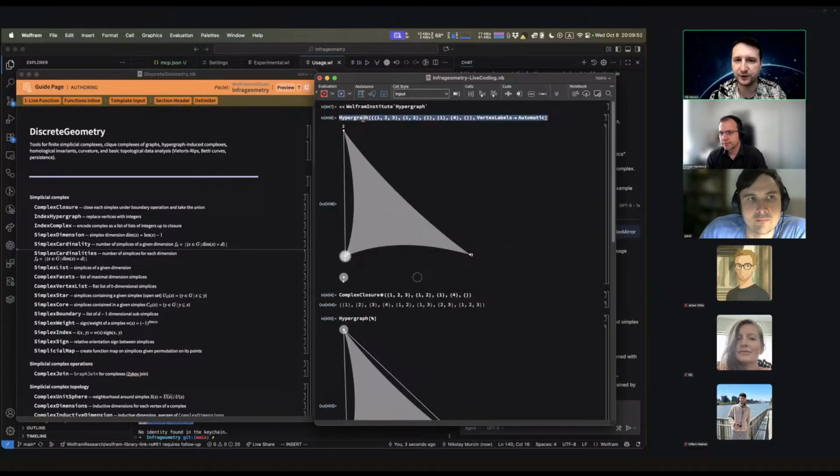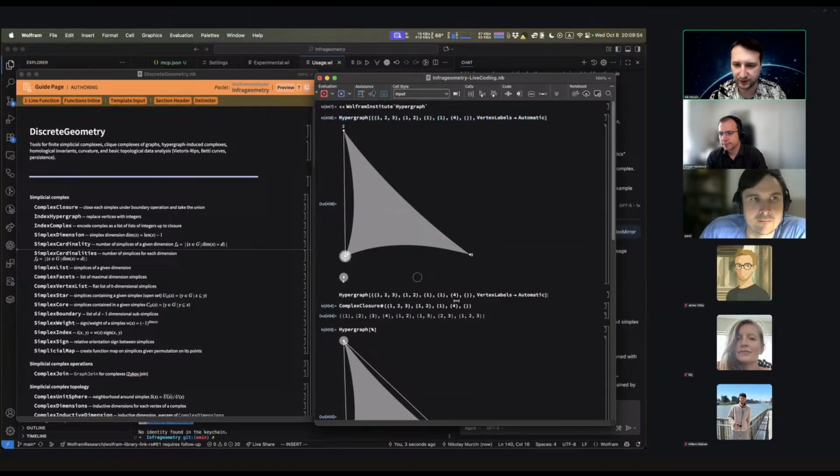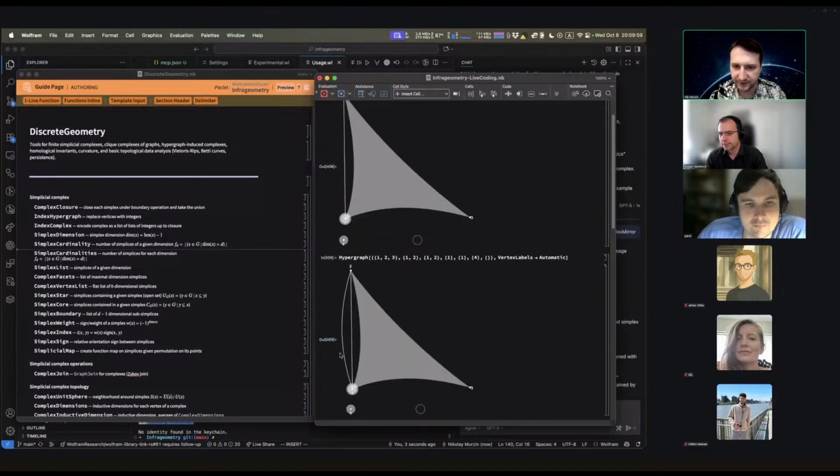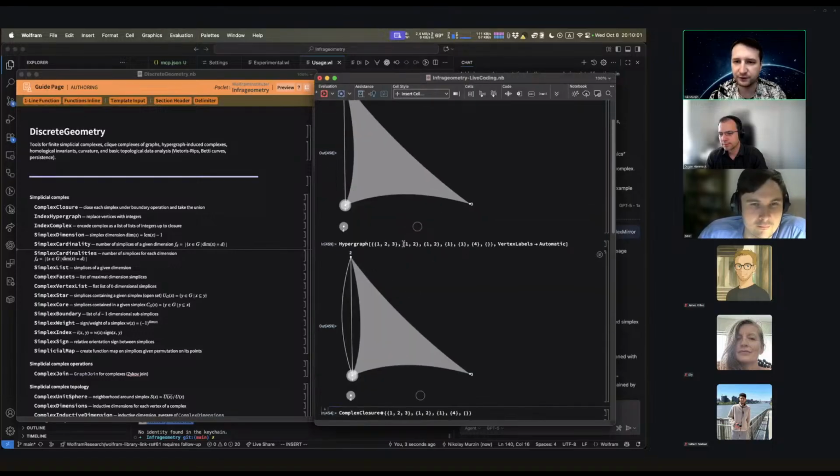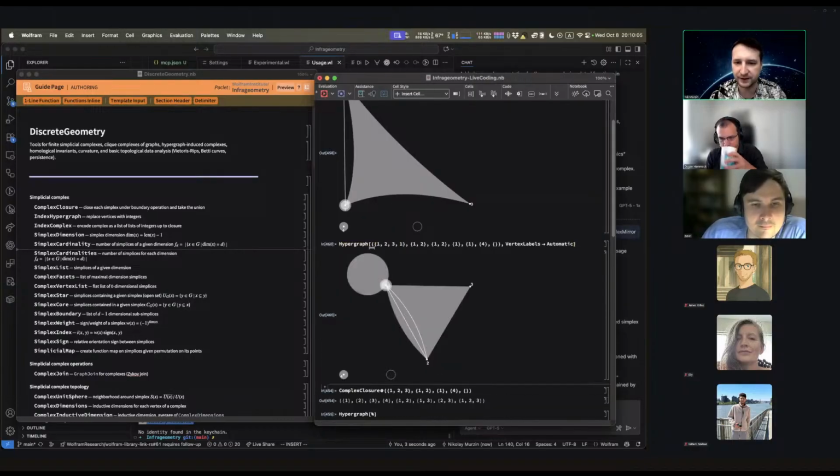There are two types of multiplicity you can allow in the hypergraph. You can repeat an edge twice, right? It's allowed. Or you can even repeat the same vertex within each hyperedge more than once, right? You have some kind of loops now. So that's why there are two notions. If you have loops like this, so a single vertex repeated more than once in a single edge, that sort of represents a degeneracy.